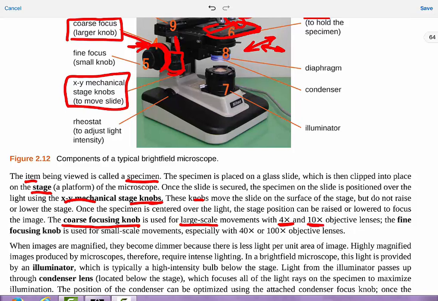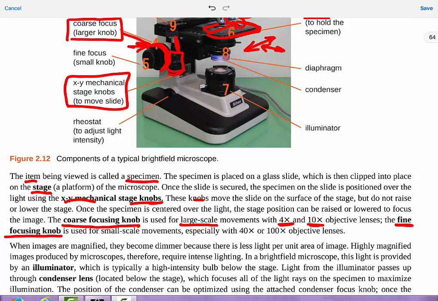And that's very important that that's only ever used with those two types of lenses, because if you use it with the 40x or 100x, you run the chance of smashing the objective lenses into the glass slide and breaking either of them. Most often it's the glass slide that's broken, but it can also damage the lens. And that's a really expensive fix and can mess up a lot of viewing after that.